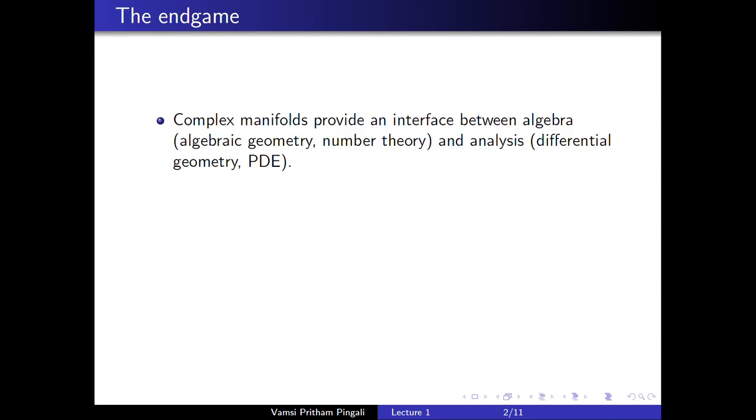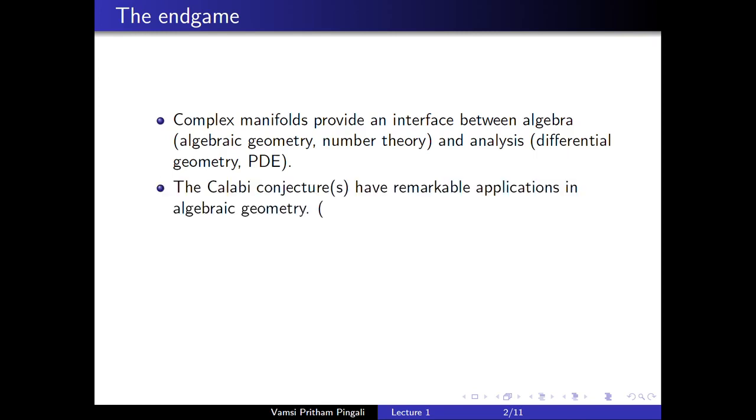And analysis, that is differential geometry, PDE, etc. Okay, so complex manifolds lie in the interface between these subjects. So there's a lot of back and forth going on. There are some results in say complex differential geometry whose only known proof is via characteristic P methods, no less, and vice versa.